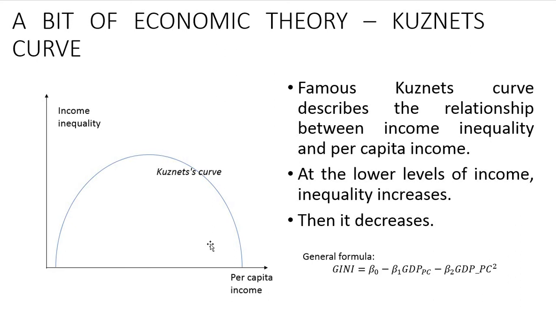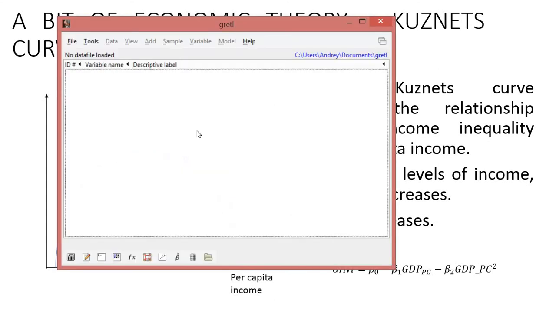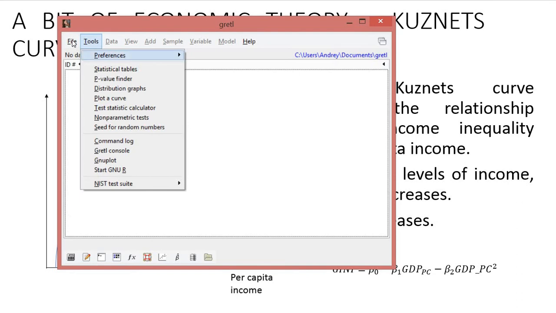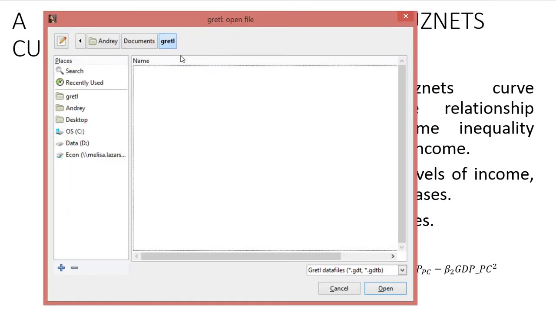However, I will run the model with linearity in variables on purpose, just to show you how this might complicate the output and how it can make the output of your model invalid. So we'll use Gretl. You usually start with importing the file.